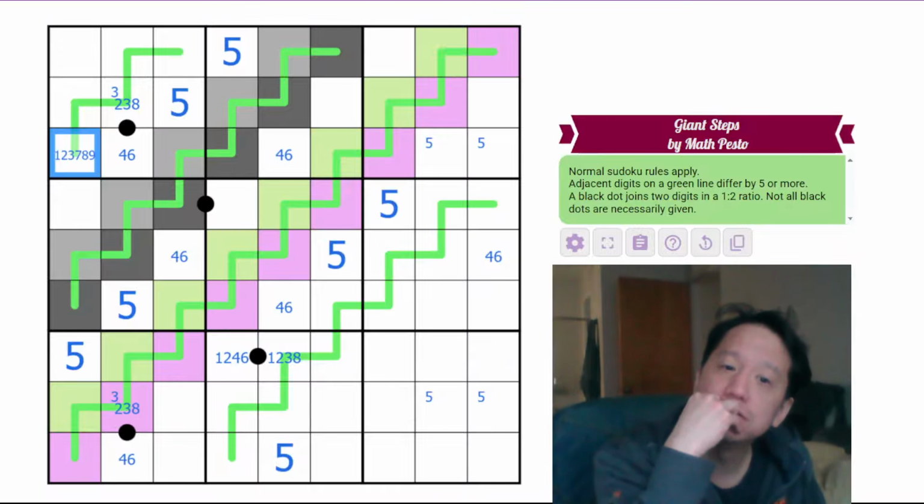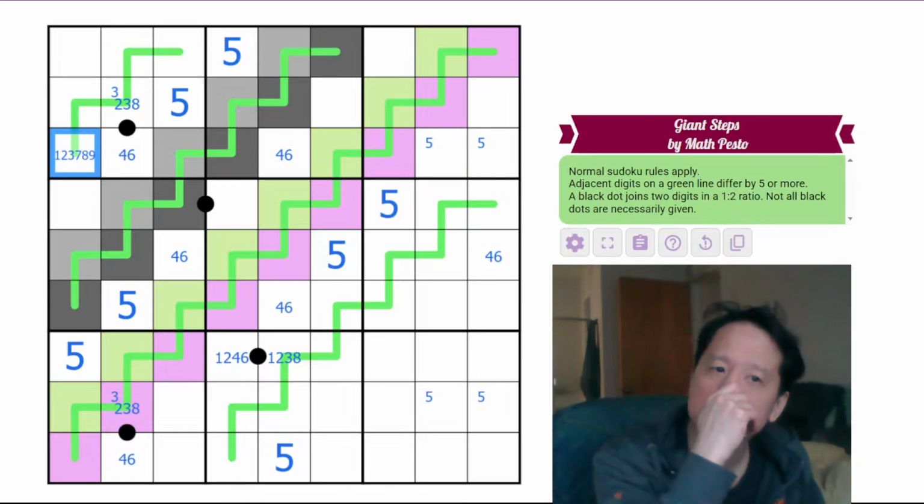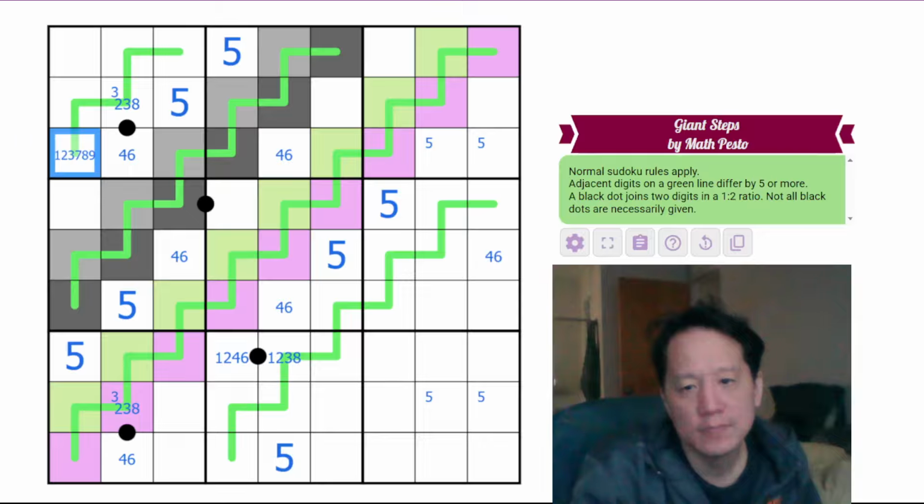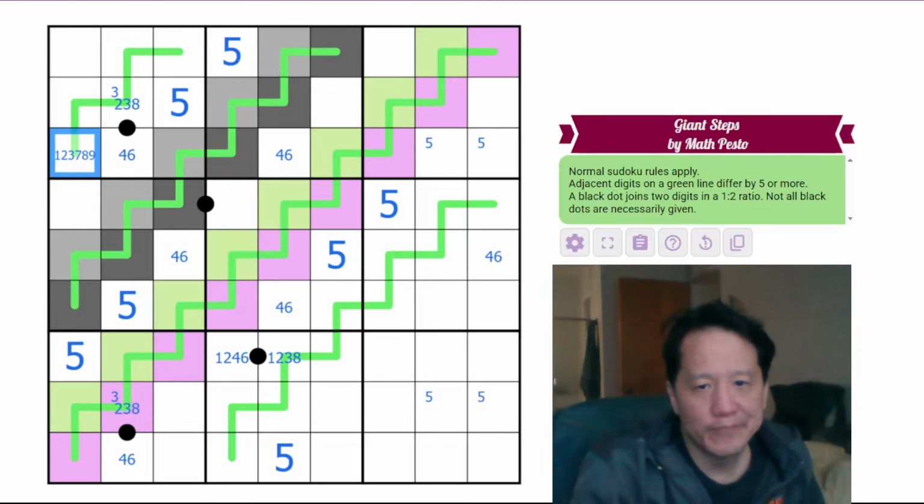Let's try yellow and orange here. So these would be yellow.